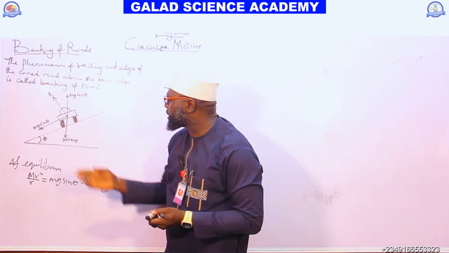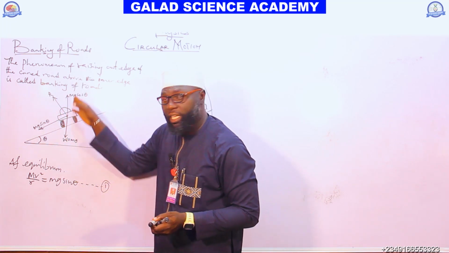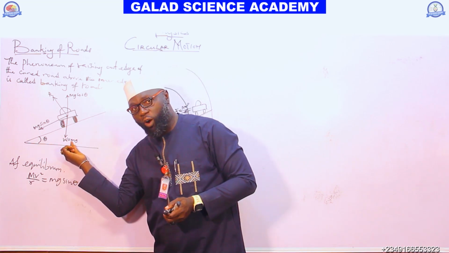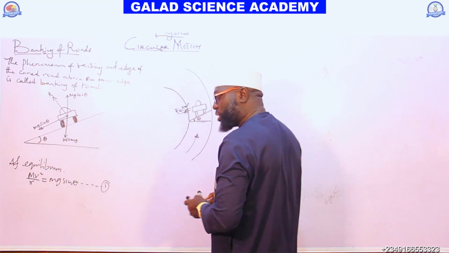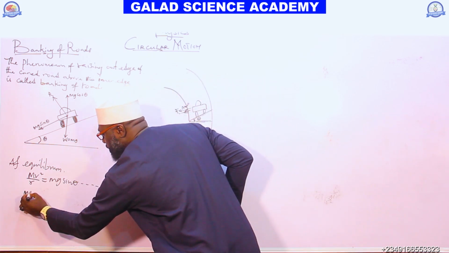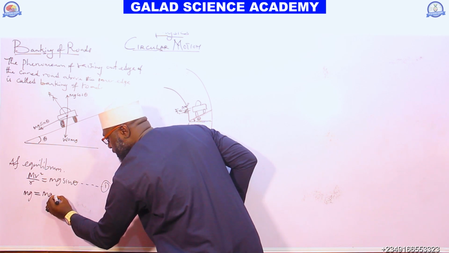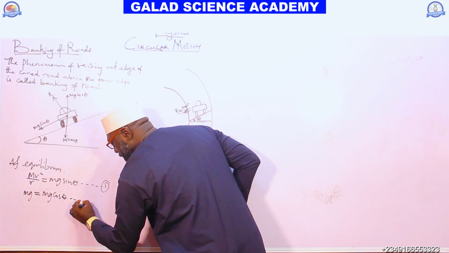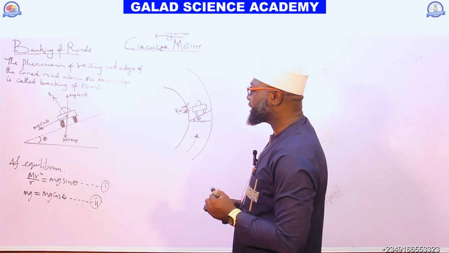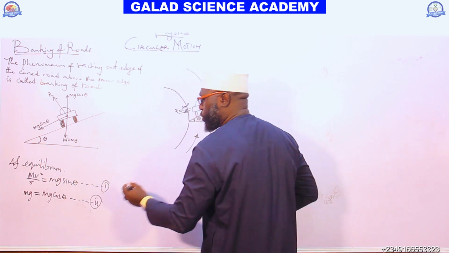And if you look at the resolution of force along the horizontal plane, we have mg cos theta equal to the weight of the car along the inclined plane. You now have the weight mg equal to mg cos theta, when the car is at equilibrium. The next thing is we will divide equation 1 by 2.